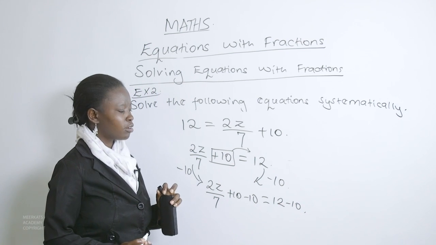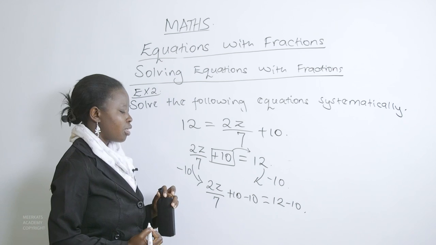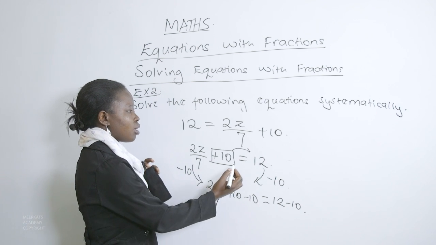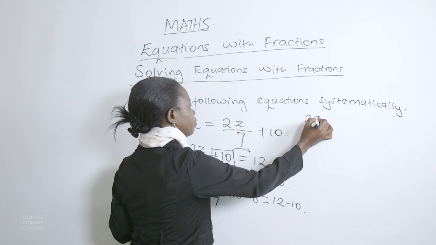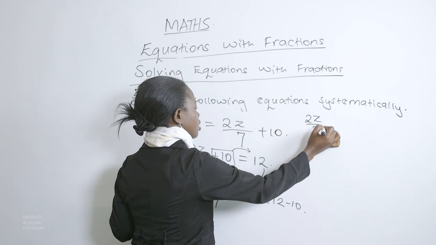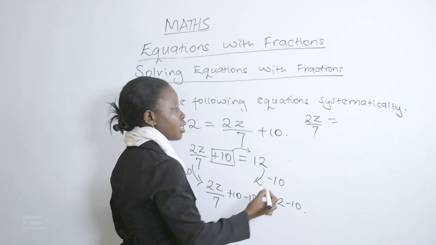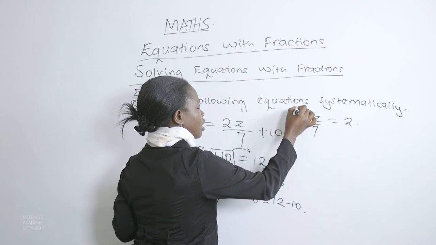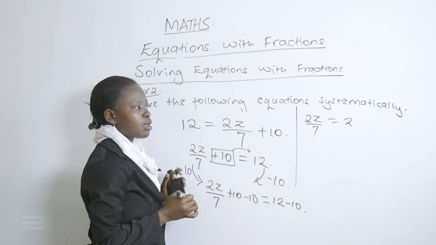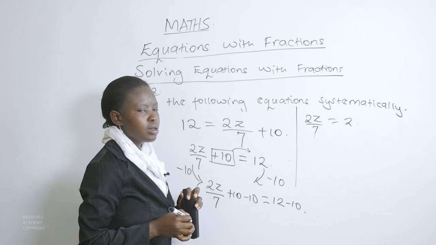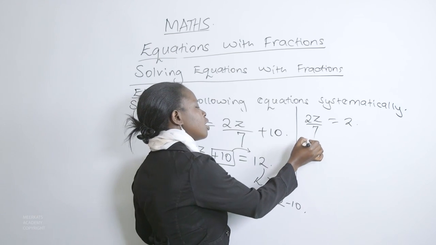So when we subtract 10 on both sides, we are left with 2z over 7 will be equal to 12 minus 10 is 2.